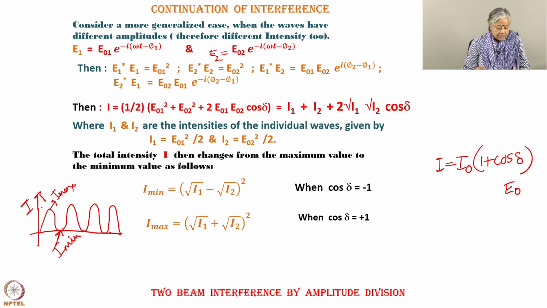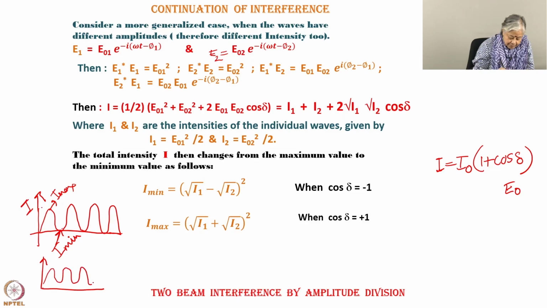Actually, this I should draw in a slightly different way, because I minimum is not 0. You know, I minimum has some value, so it's not exactly 0. So I should draw it something like this. So this is I minimum, which is not exactly 0.